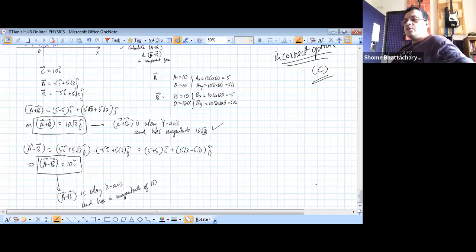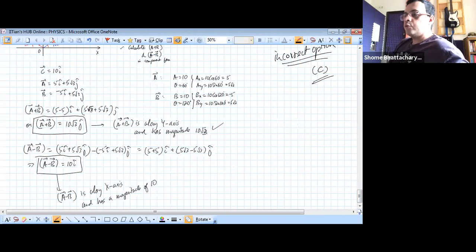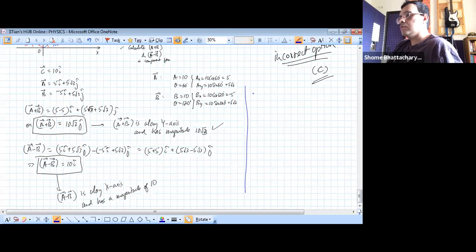Now move on to question number 12 from this. So in 12 we have to check A plus B plus C. For question number 12, you have to find out the magnitude of A plus B plus C. So पहले आप A plus B plus C as a vector निकाल लो i cap j cap form में, the component form में.